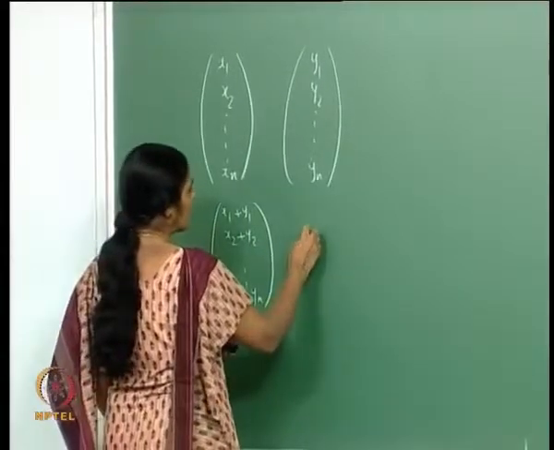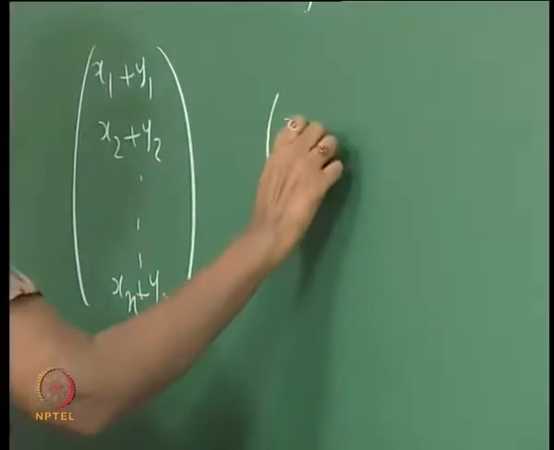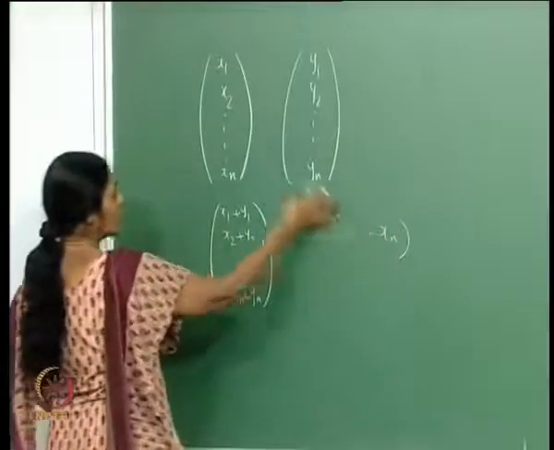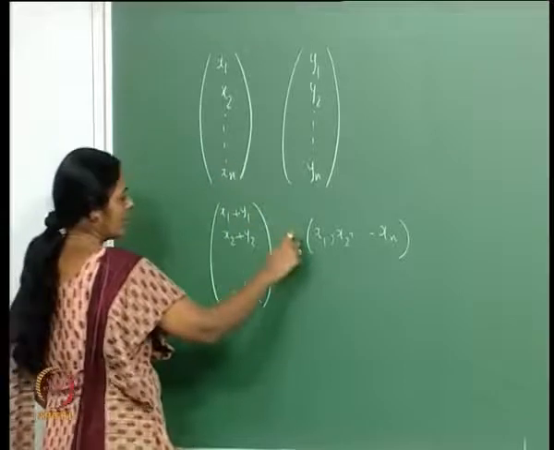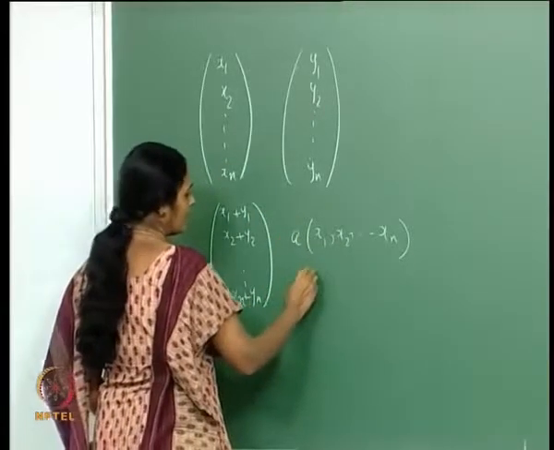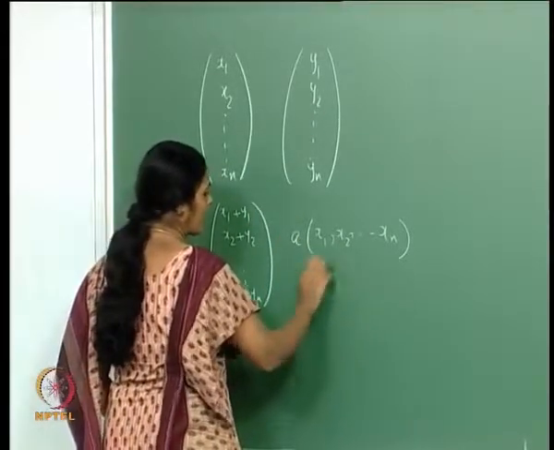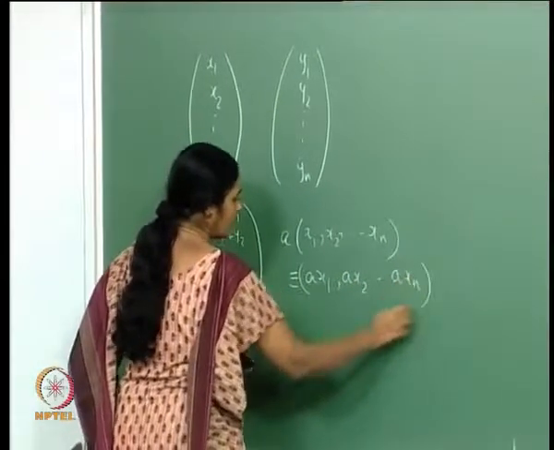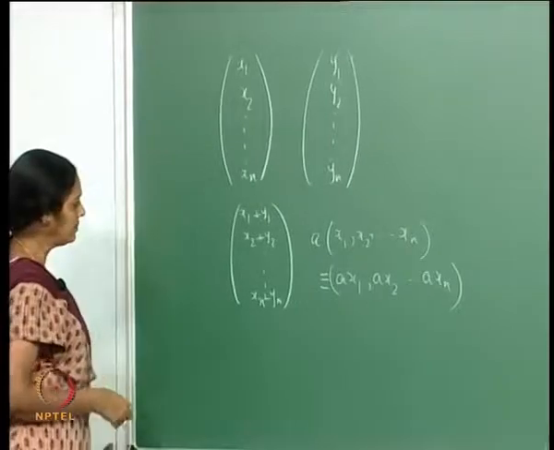and if I have to multiply this string of numbers, which I can put down in this fashion, by a, I mean a x1, a x2 to a xn, where a is a real scalar.